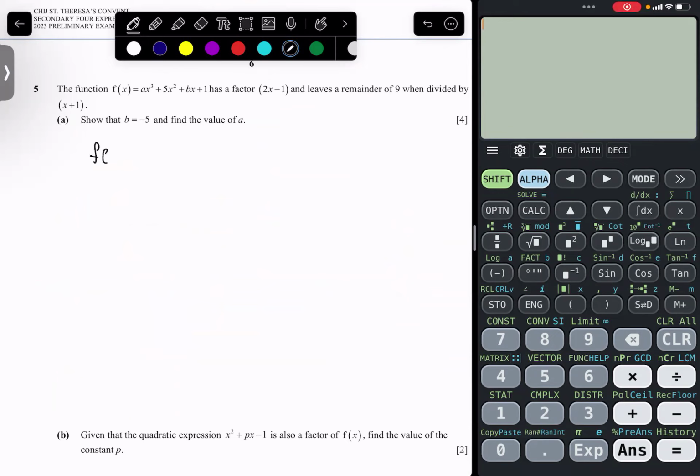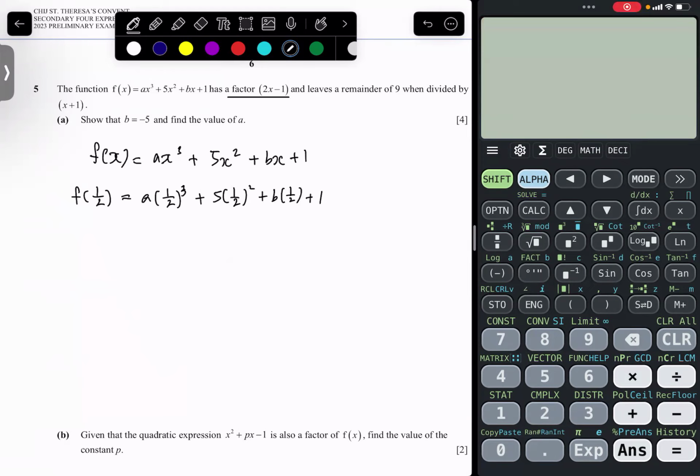So f(x) equals ax cubed plus 5x squared plus bx plus 1. Since it's a factor of 2x minus 1, f of a half equals a times a half cubed plus 5 times a half squared plus b times a half plus 1 equals 0.